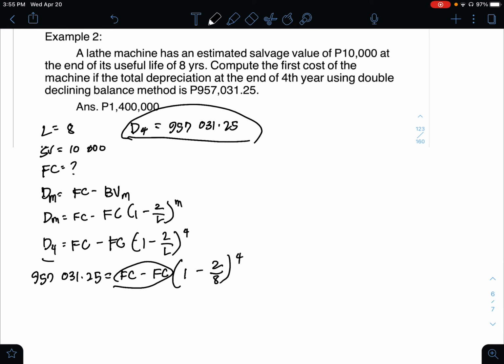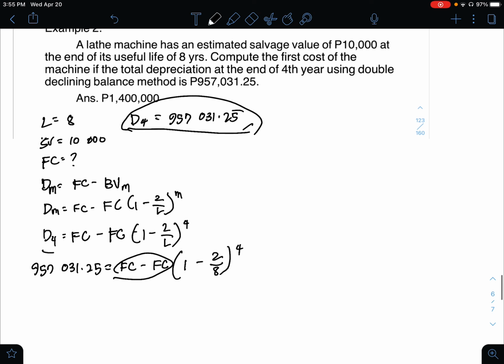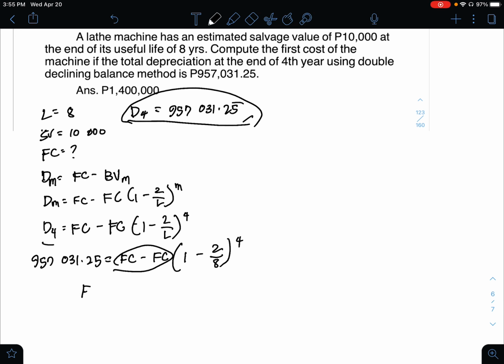We can get the first cost since D at the fourth year is given. If you use shift solve for this problem, we get the first cost as 1,400,000 pesos. It is 1,400,000, but at the end of 4 years it becomes 957,031.25 using the double declining balance method.